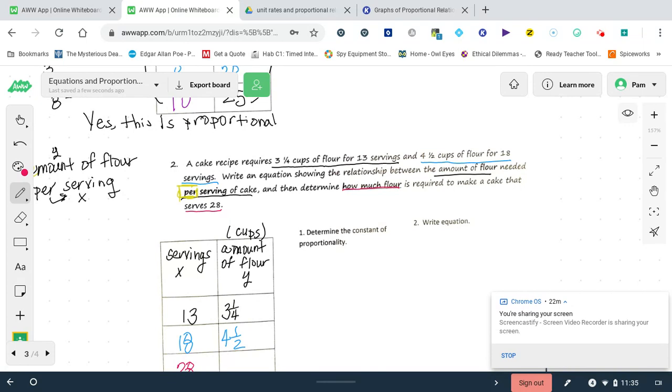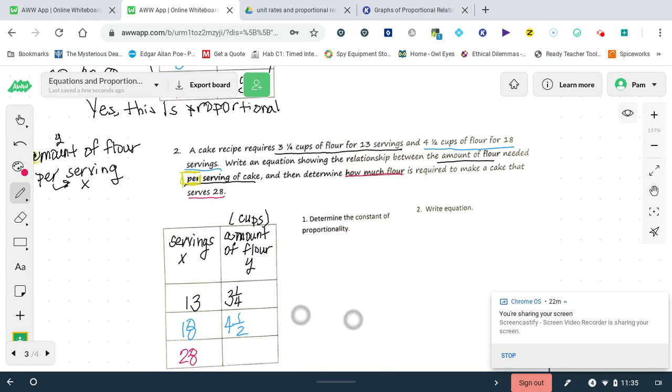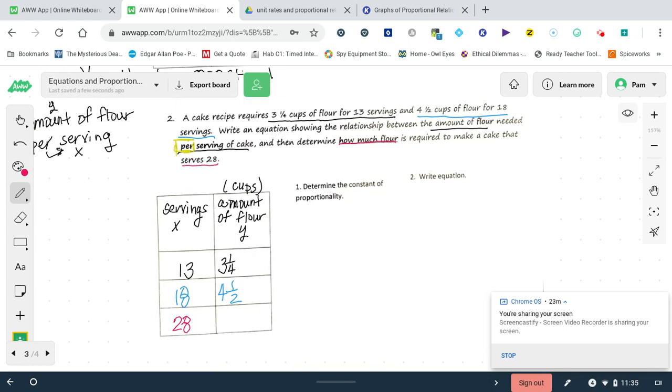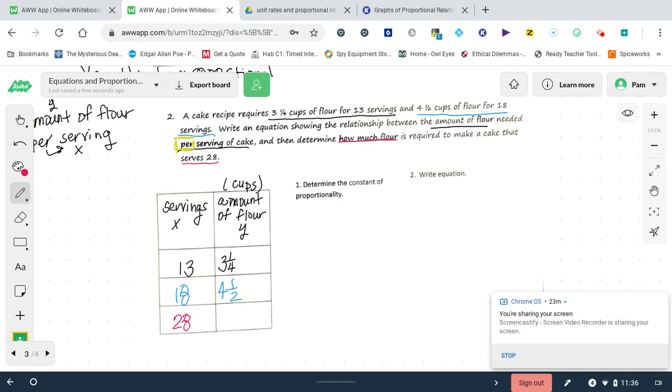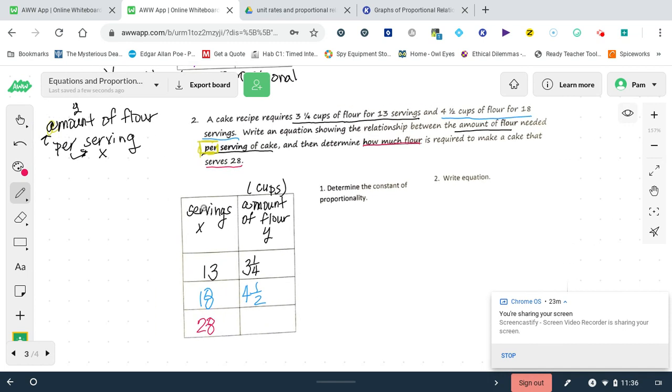No, we just need to write an equation showing the relationship between the amount of flour needed per serving and then determine it. So we're not going to show that the relationship is proportional on this one. All right, so basically, if I'm not showing that the relationship is proportional, we already assume that it is. So if some of you are more comfortable showing that it is, go ahead, but you don't have to.